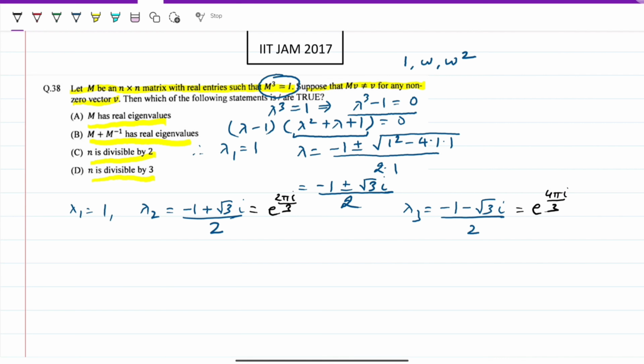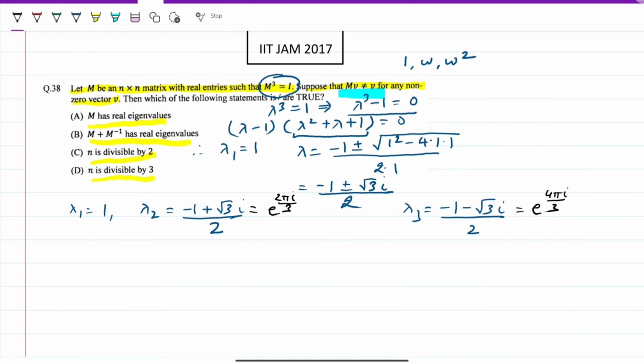Now before concluding that these 3 are the eigenvalues, please note that I am saying these 3 are the possible eigenvalues, and I am saying that because of this expression. It is said that MV is not equal to V for any non-zero vector.